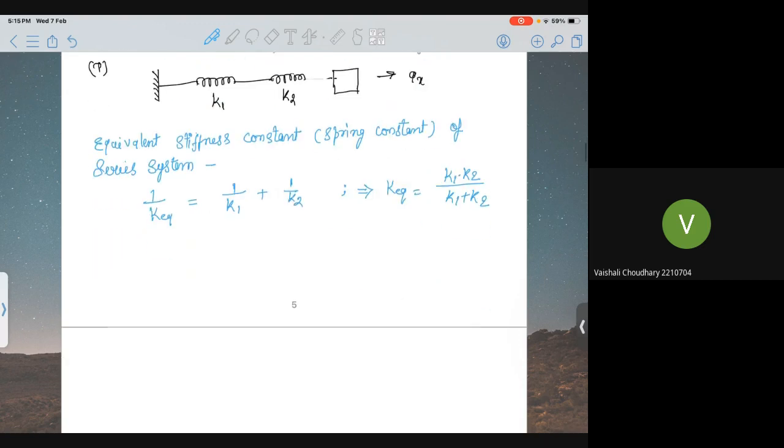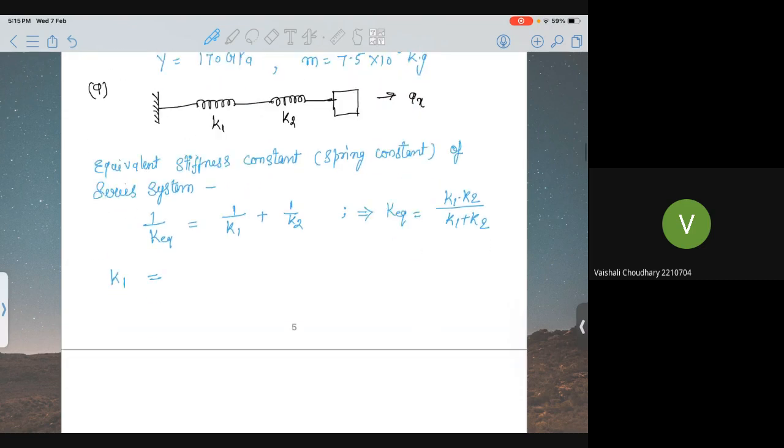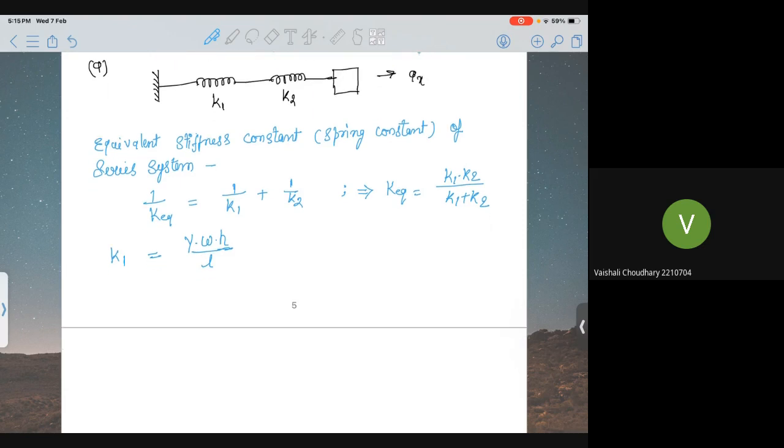Okay, so now we'll calculate the value of K1. We have seen if we apply a force in axial direction, then the spring constant will be Y times W h by L, where Y is Young's modulus of elasticity, W is width of the beam, h is the height of the beam, and L is the length.